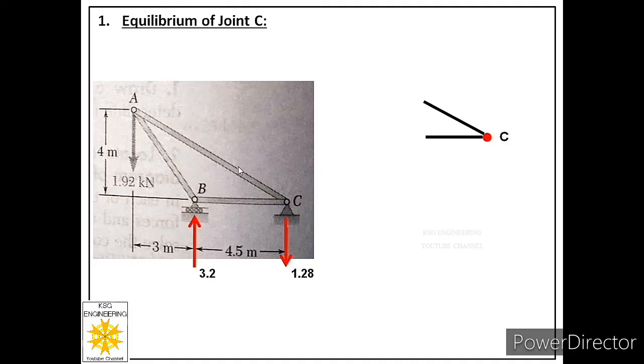Now after that we have to consider the direction of the forces acting in these two members, and we know at the start the members are unknown, which means their forces are unknown to us. So for such members we consider tensile forces, which means we label the direction of those forces away from the joint because we are considering those forces tensile in nature.